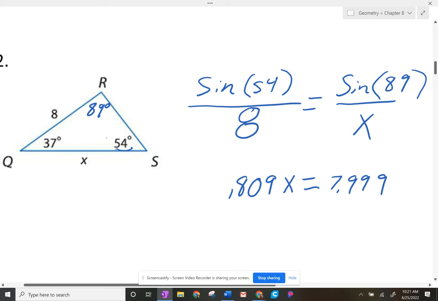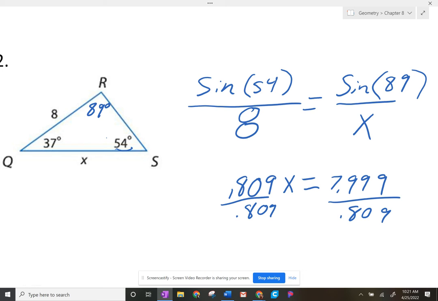To get x all by itself, I'm going to divide both of them by 0.809. The length for side x is going to be 9.9. I'll just go to one decimal place.